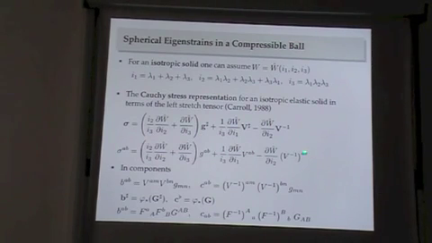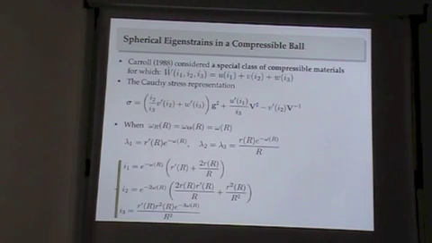And so in components it looks like this. This B is what we call the Finger tensor, which is the push-forward of the metric in the reference configuration. You do things very carefully, but this is really a simple exercise, extending that Cauchy stress representation. So this is now the special class of compressible solids that Carroll considered.